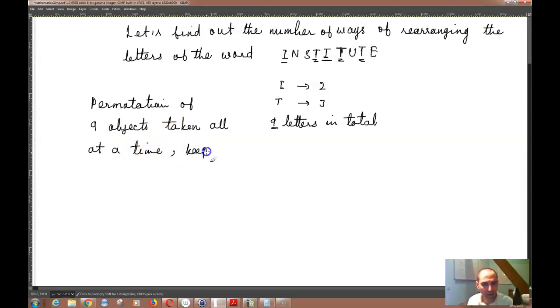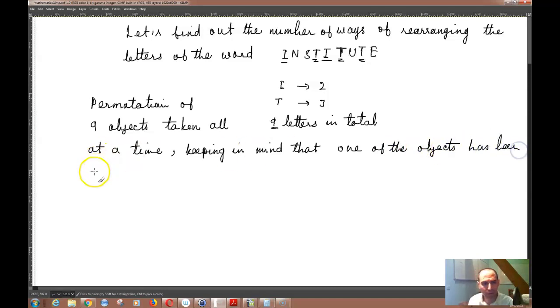Keeping in mind that one of the objects has been repeated twice, or well, it's a tricky thing.